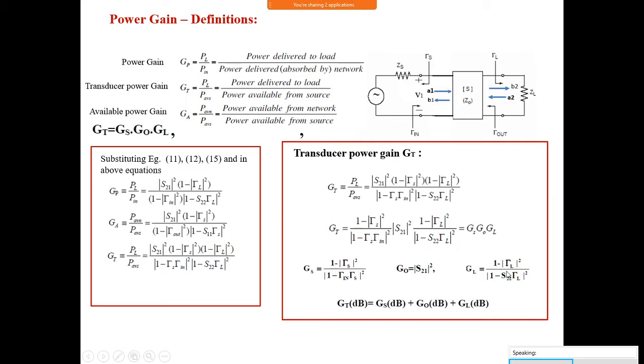So it depends upon that value. So the overall gain of the amplifier depends on three terms: GS, G0, and GL. The multiplication of all these is the total gain GT. Usually, as we saw, it is expressed in terms of decibels.